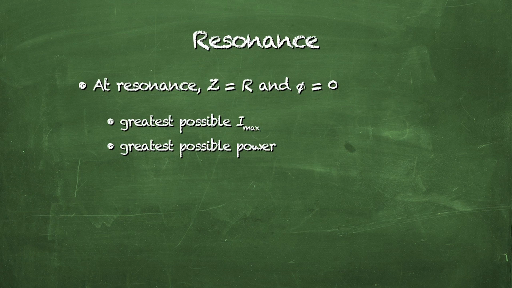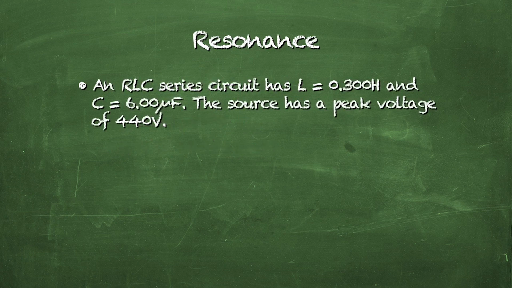Let's work an example. An RLC series circuit has an inductance of 0.3 henries and a capacitance of 6 microfarads. The source has a peak voltage of 440 volts. What is the resonant frequency?